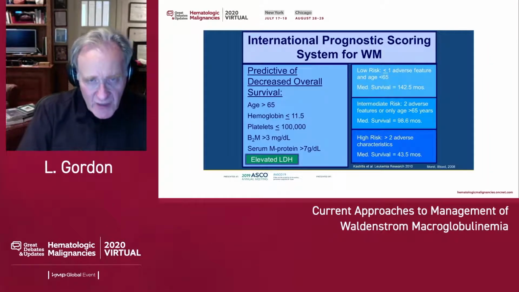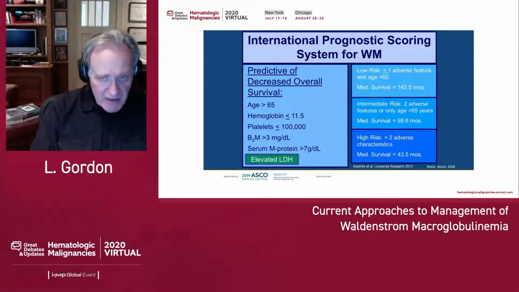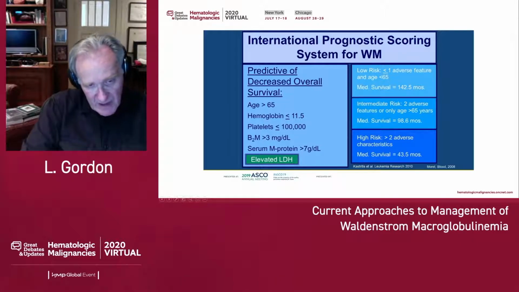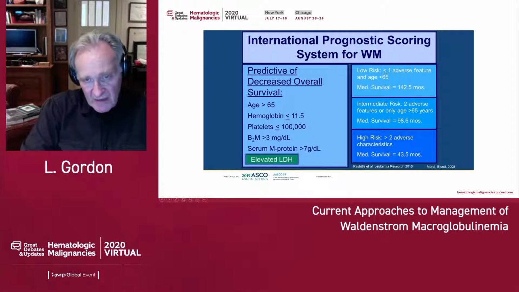This is an international prognostic scoring system for Waldenstrom's that's predictive of survival: age greater than 65, hemoglobin less than 11.5, platelets less than 100,000, a beta-2 microglobulin greater than 3, and a serum M protein of greater than 7 gram per deciliter, and an elevated LDH I would include as an important prognostic factor.